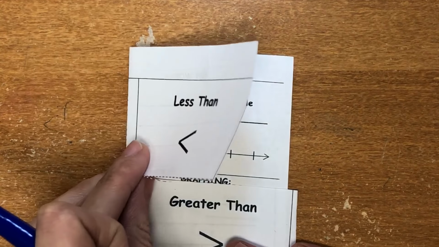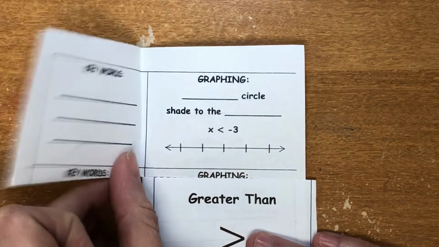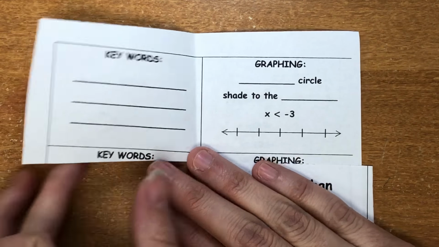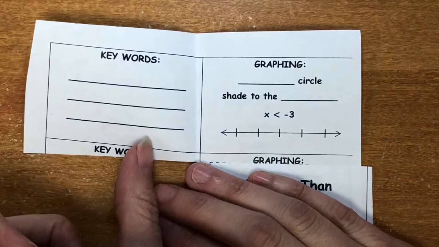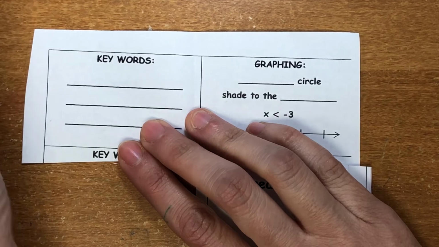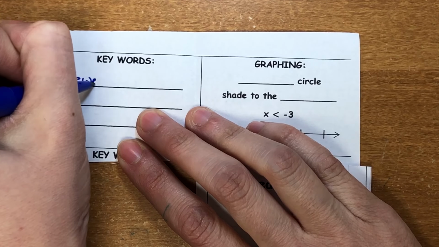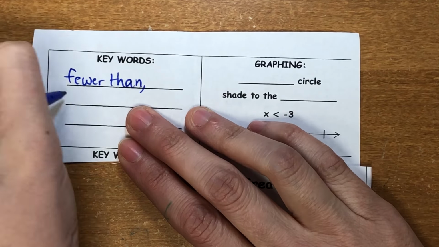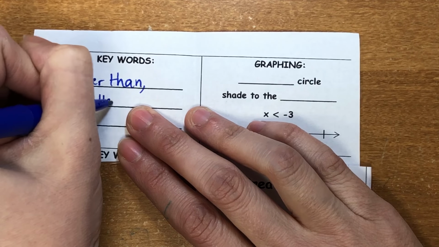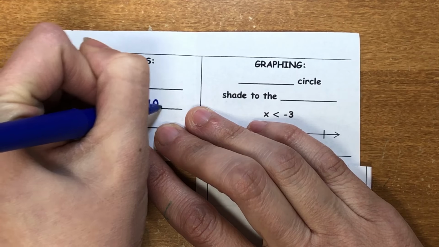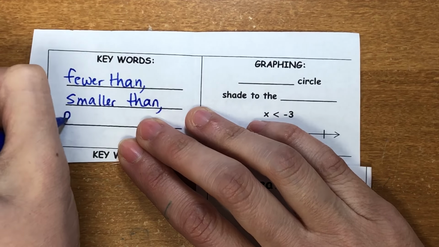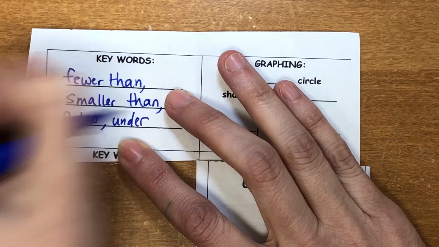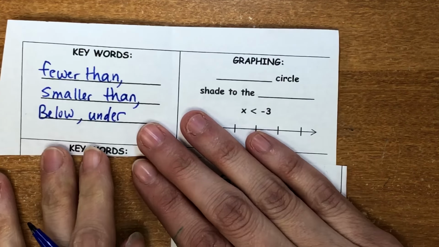If you open up your flap here, okay. Keywords that tell me less than are going to be fewer than, smaller than, below, and under. So these are keywords for less than, okay?